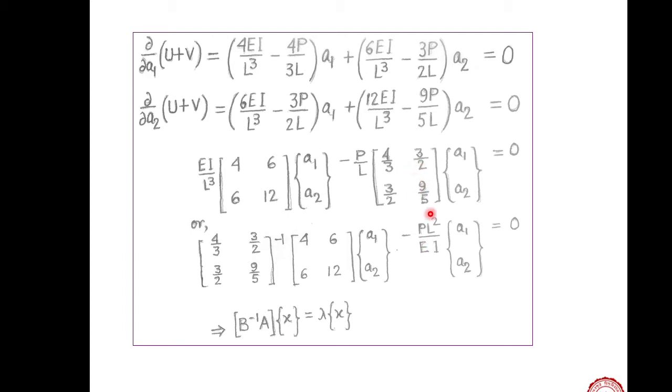So this is becoming lambda into the vector of unknown coefficients. This is the general form of our matrix equation.